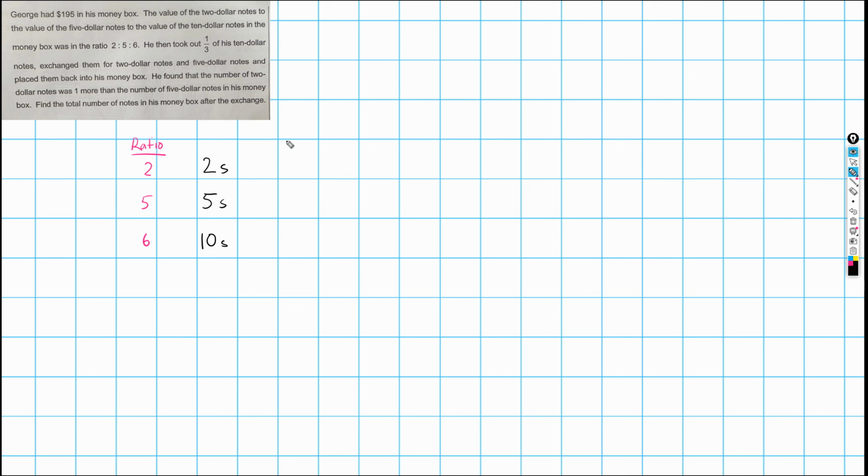Okay, so what does that mean? Well, that means I am going to draw this bar. I'm going to give it two parts, or some people call them units. So that's two parts. And this is going to be 5 parts.